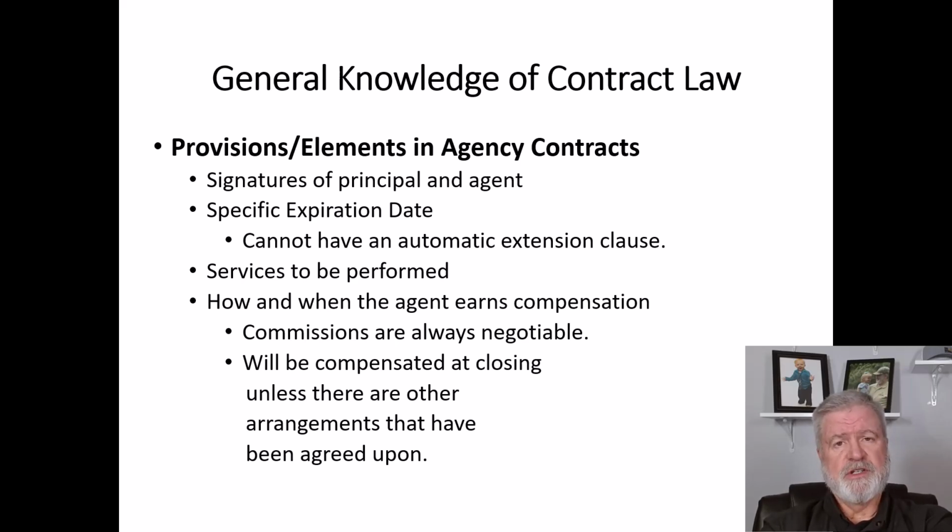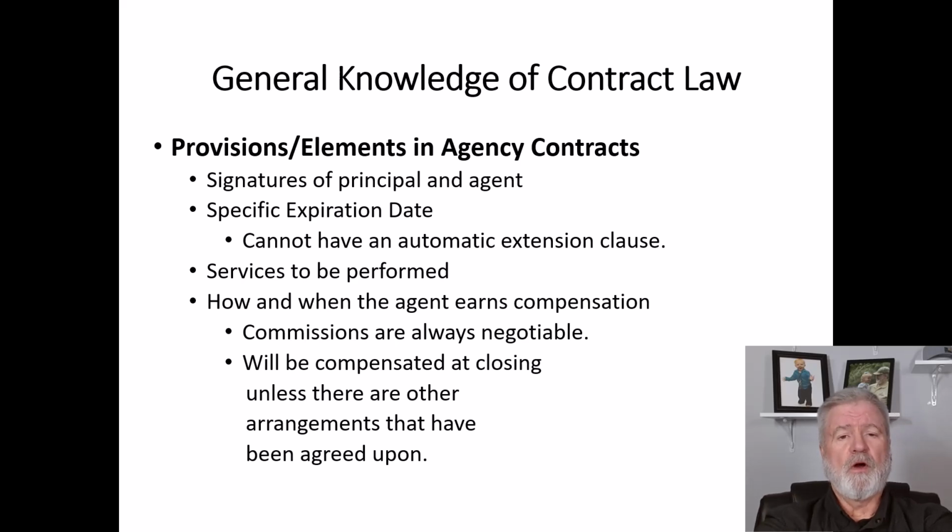But who else does it say has to sign the contract? The agent. Now, if you remember from our agency chapter, who's the agent in a real estate contract or agency agreement? Remember, the agent is always the broker in charge. So would that be you if you're not the broker in charge?